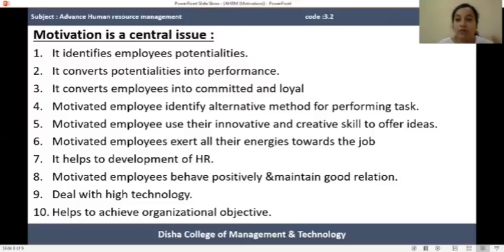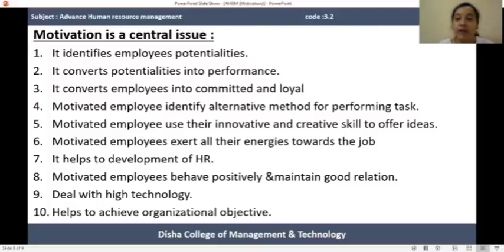So for doing everything in an effective and better way, whatever energy is required, the positive motivator always tries to put in. They use their total potential for achieving the objective and completing a task, so that every task can be completed in the most effective and efficient way.